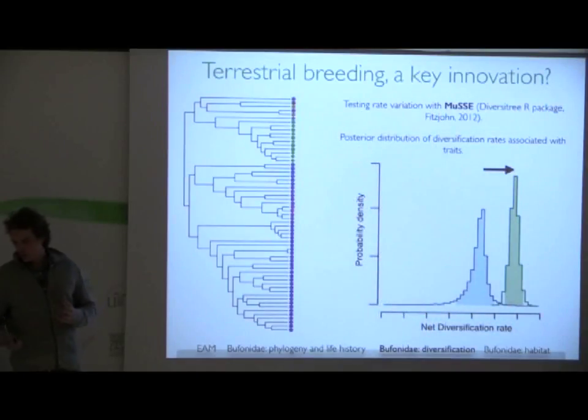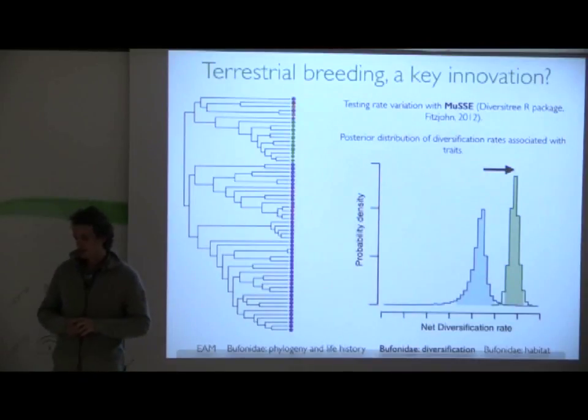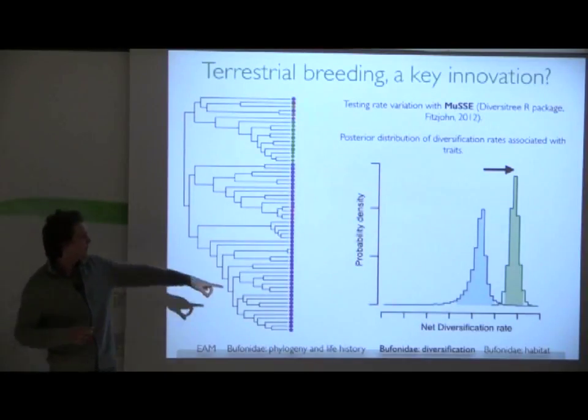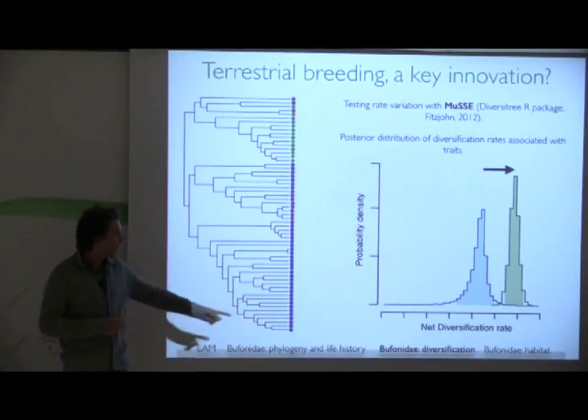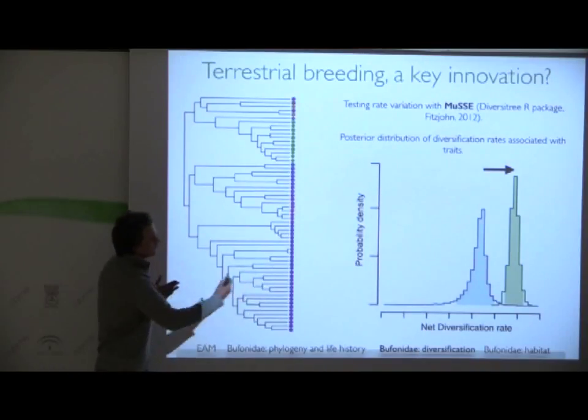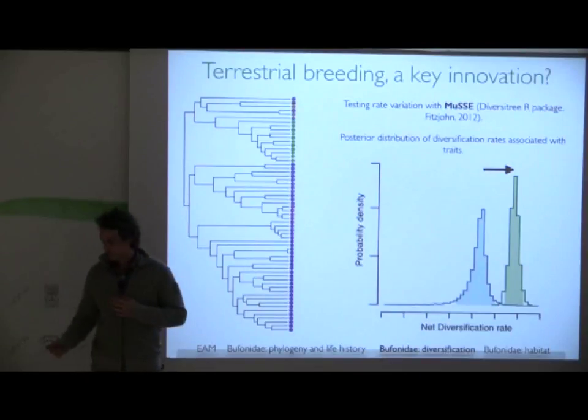What we can do, with the help of the MuSSE algorithm, is generate posterior distributions of net diversification that are associated to these traits. So essentially what it returns is these posterior distributions of net diversification per trait. And if the terrestrial breeders were associated to higher rates of diversification, what you would expect to see is a shift in that curve to the right.